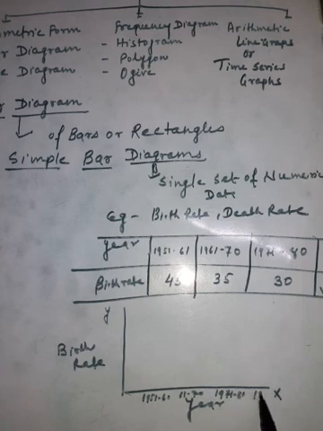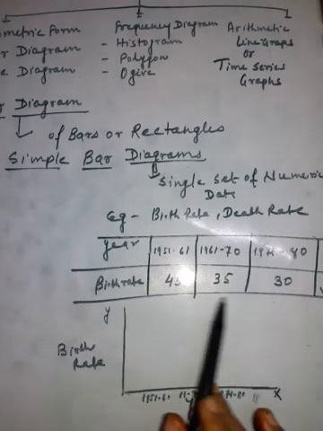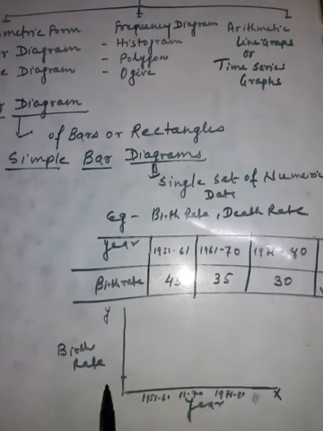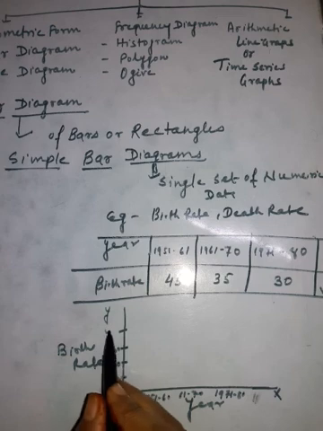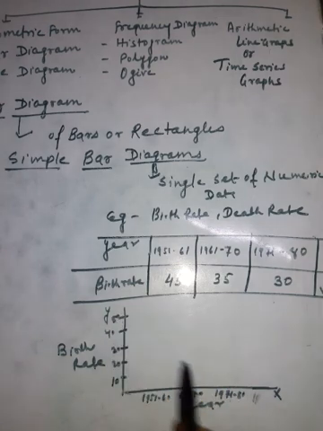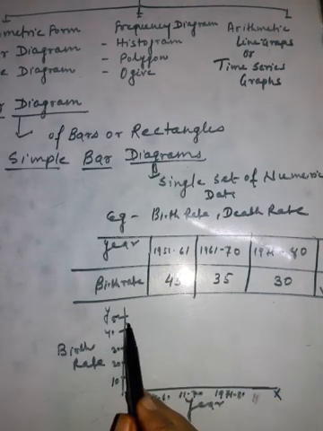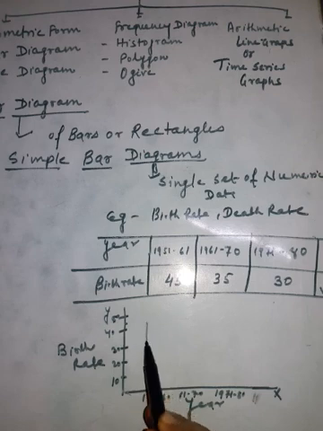Then for birth rate we can take, suppose, 10, then 20, then 30, then 40, then 50. In 1951 to 60 we have 45, so that number comes in the middle between 40 and 50, then we will form a bar like this.